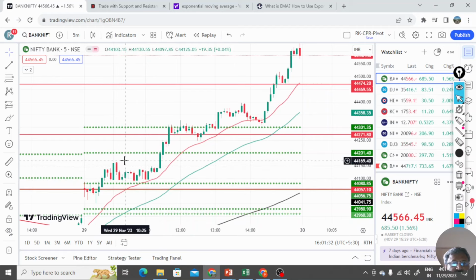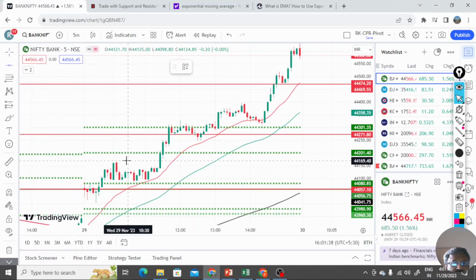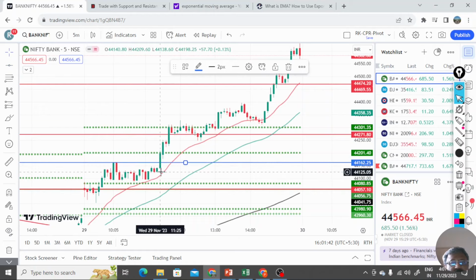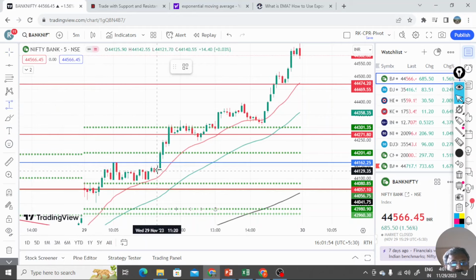When we take a trade above this level, for example, let's draw a horizontal line here, if we had taken a trade above this, keeping the stop loss below this 20 EMA, let us see what is the distance between this and this.